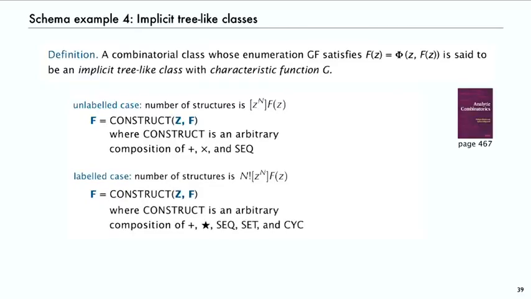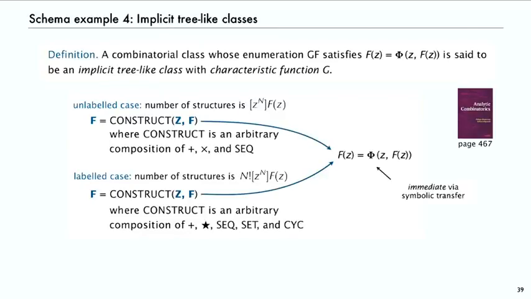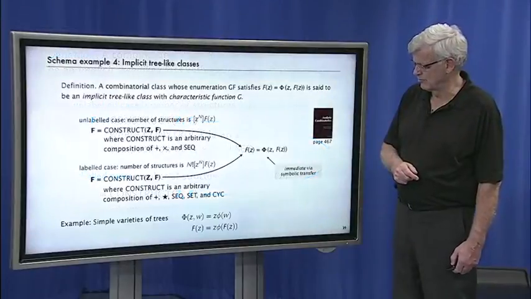In the labeled case, your number of structures is n! [z^n] f(z). Again, you can have any set of constructs where it's an arbitrary composition of our basic operations: sequence, set, and cycle. All of those things are going to come down to a generating function equation of this form immediately by symbolic transfer. We'll look at some examples of this in just a minute.